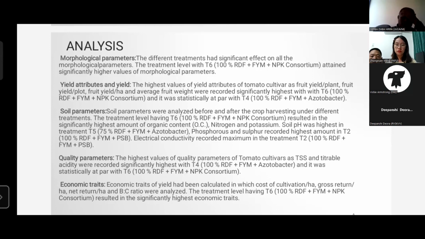For yield attributes and yield, the highest values of fruit yield per plant, fruit yield per plot, fruit yield per hectare, and average fruit weight were recorded with T6, that is 100% RDF plus FYM plus NPK consortium, and it was statistically at par with T4, that is 100% RDF plus FYM plus azotobacter.